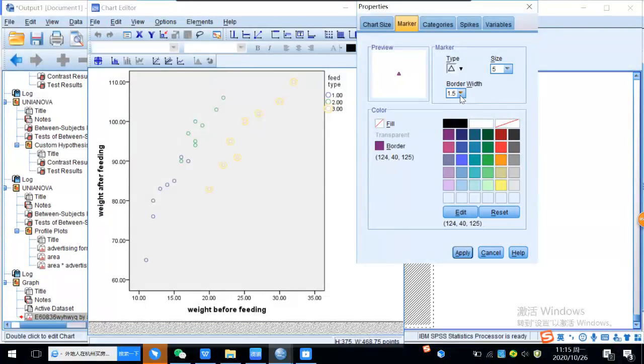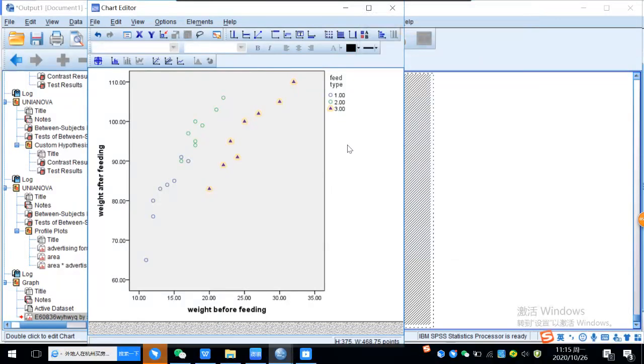Apply, close. Then this shows feed type 3.